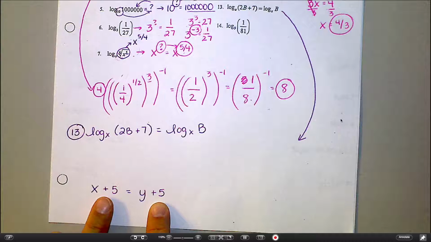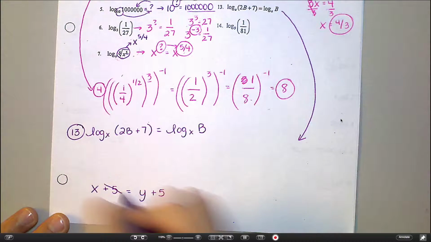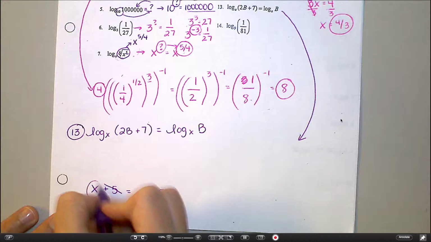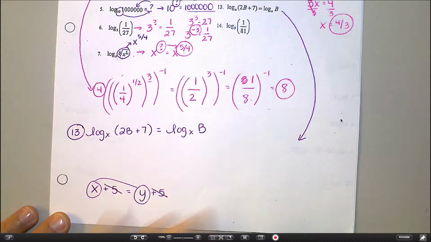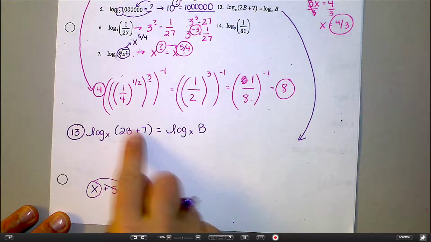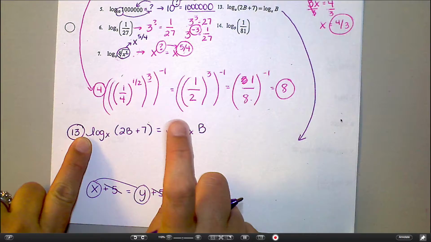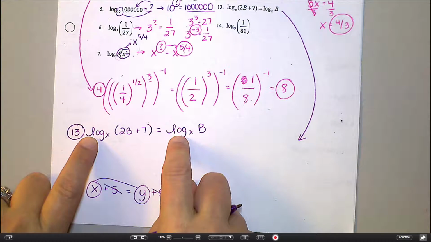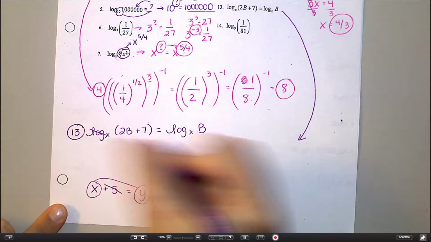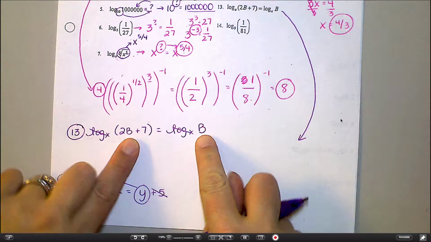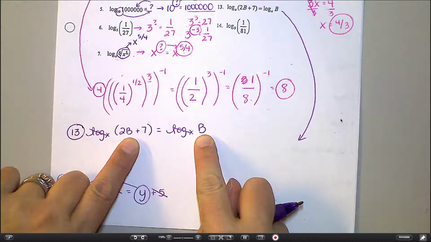I'm doing the same thing to this side as I am to this side. So that tells me that the things that I started with, the x and the y, must have been the same thing. So up here, I had these two things, and I took the log of this side and the log of that side, and they came out the same. That must mean that these two things are the same. They have the same log.